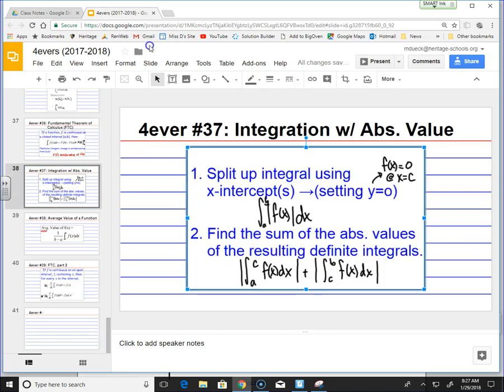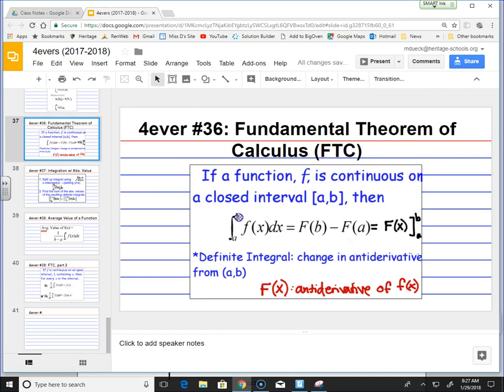Wait, what's 36? 36 is FTC, Fundamental Theorem of Calculus. That was the one from Friday? Oh no. Oh wait. Wait, what number is this one? 37. Oh my gosh, I'm missing 2. Well, you know, write them in. I think 36 was FTC.